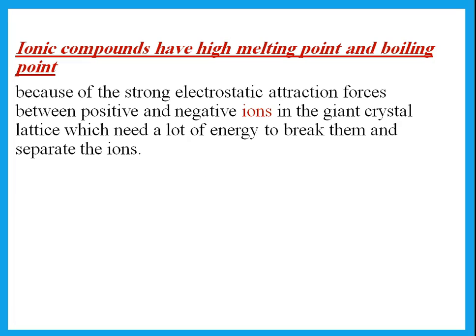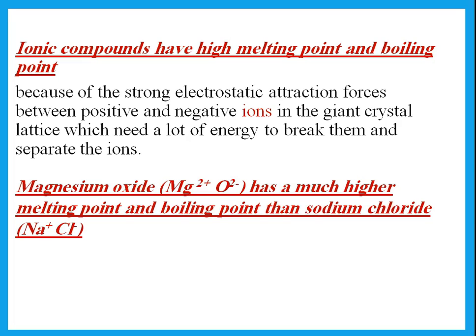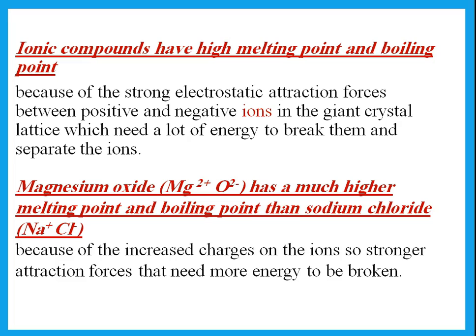Do we understand that? Now, which one will have higher melting point, magnesium oxide or sodium chloride? The one that has more charges will have a higher melting point and boiling point, and this is because the higher the charges, the stronger the attraction forces between them.